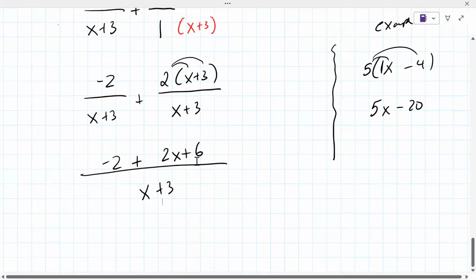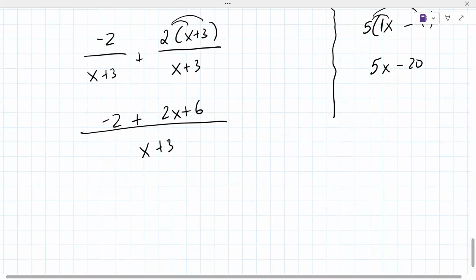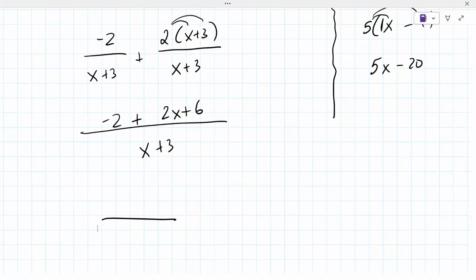All right. Now just look at the top. Can you combine any like terms? Well, let me at least write this down. Okay.